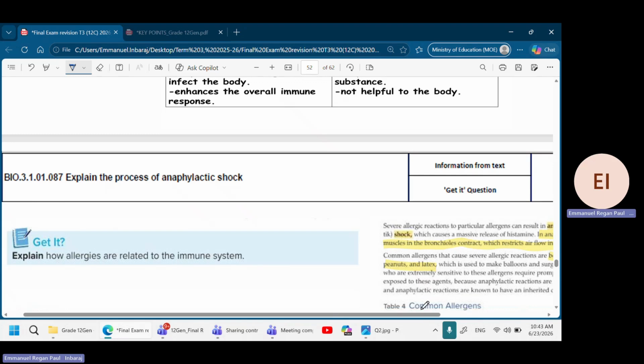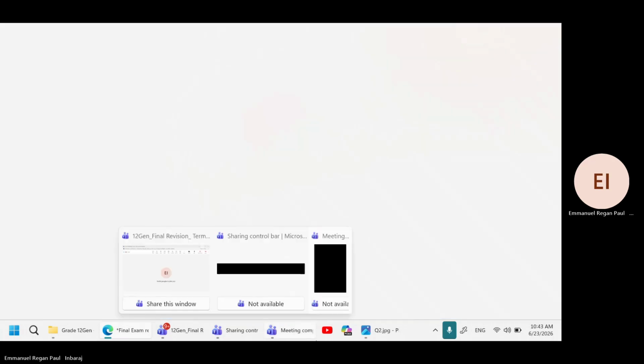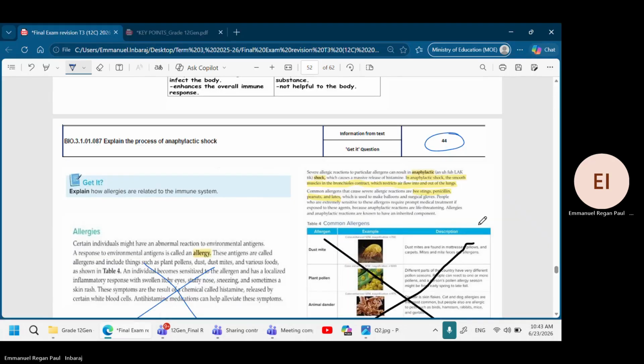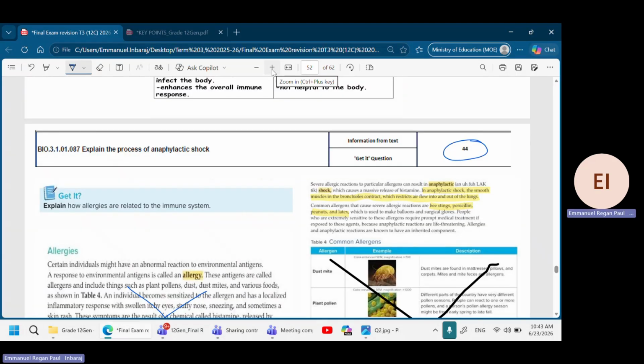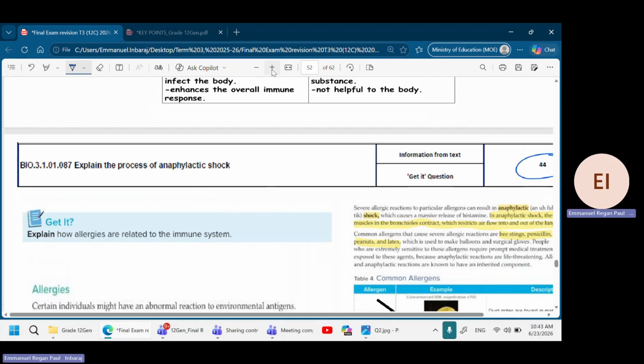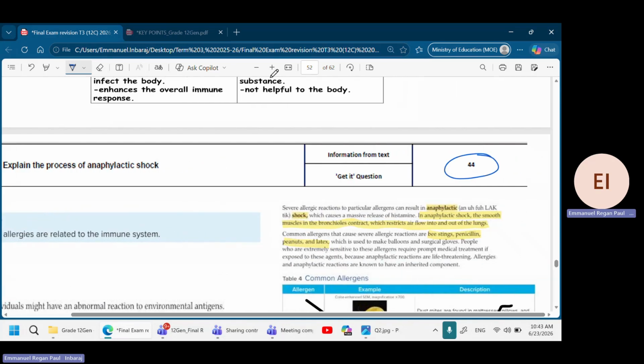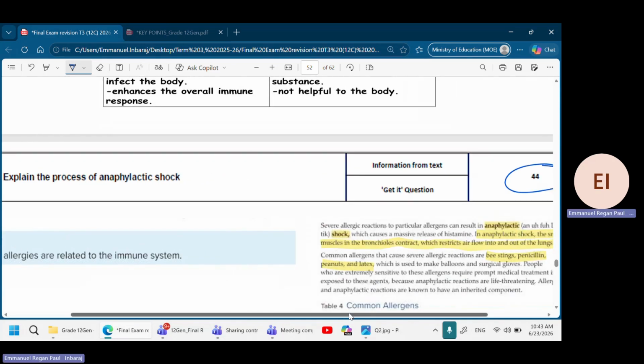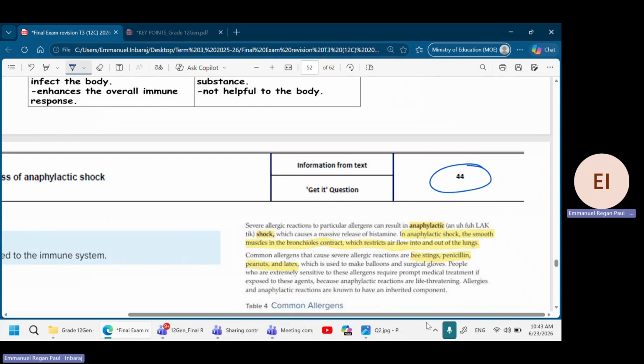Just a minute. Okay, here we go. So on page number 44, we are going to learn about this concept called anaphylactic shock. It's very, very important. You will get this word. What is this?